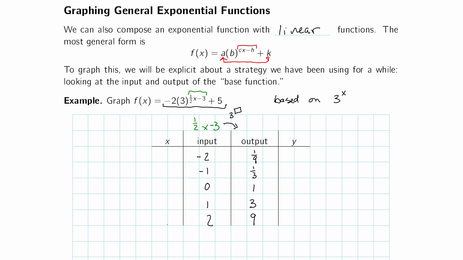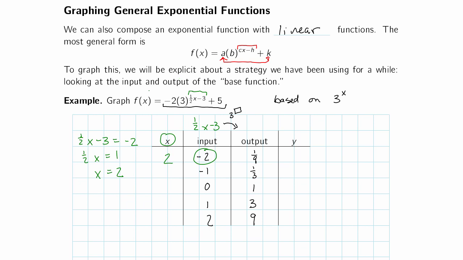To find the actual value of x, well, half x minus 3 is -2 in this first row. So that means half x is +1, x is +2. So in our first row, our x value is +2, because then half of that minus 3 gives us our input, -2.